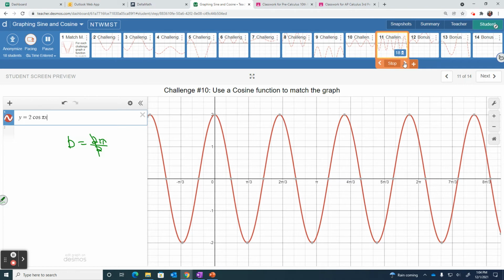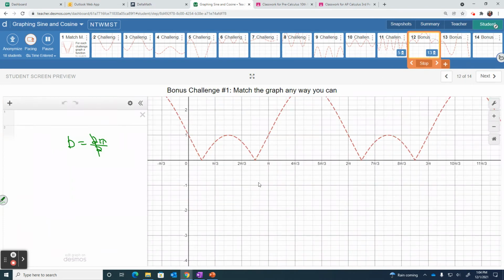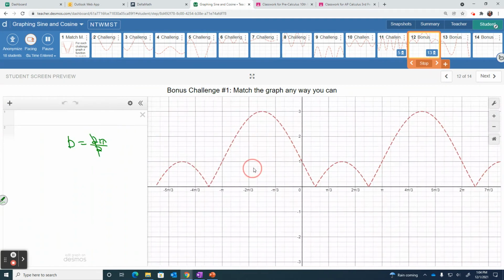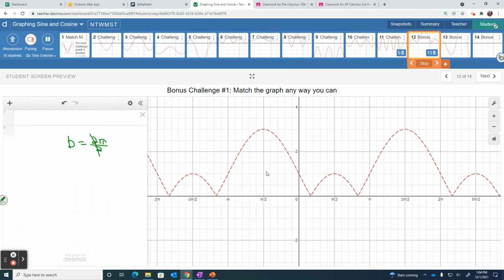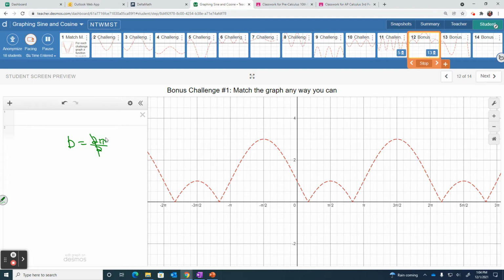All right, the last few, we almost spent a lot of time on this, but you can try to figure some of these out. You're supposed to try to figure out a function that will work for this. So you can mess around with it a little bit if you want to, but you've got to do some weird things. I don't actually know the answers because there's no answers on here.